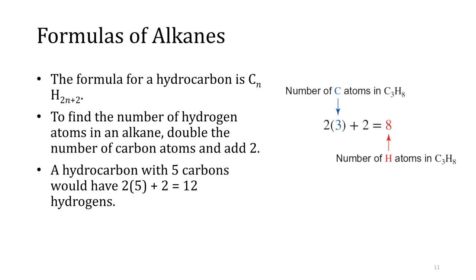So to find the number of hydrogen atoms, you simply double the number of carbons and add 2 to it, right? So, here's a case on the right-hand side. We have a molecule we'll see in a moment is propane. It has 3 carbons, and so we know it has 8 hydrogens on it. If we have 5 carbons, then we would have 12 hydrogens for a linear or branched alkane.